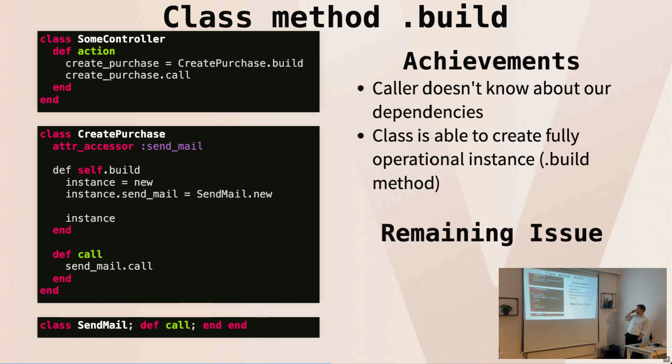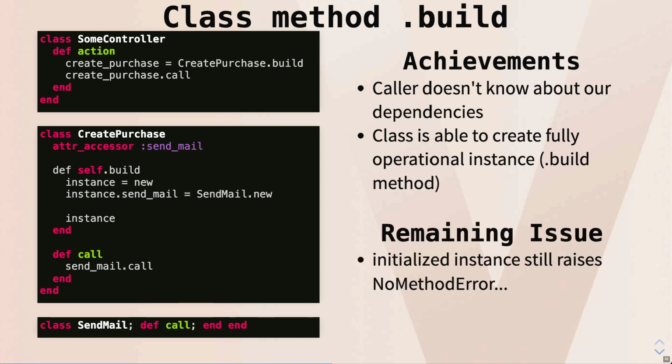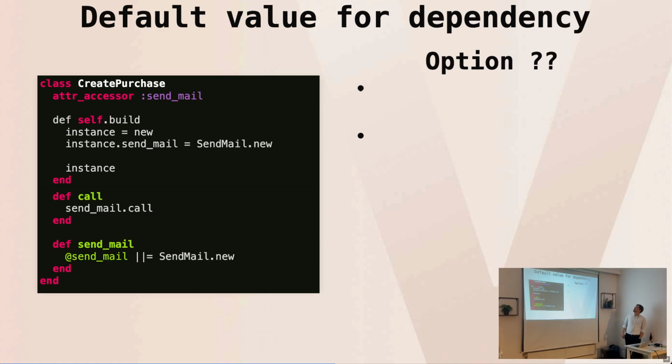Okay, but there's still a remaining issue, and it's exactly point 1 about the no method error. If we just initialize an instance and call it, it will raise a no method error. So how to solve this? It's not compliant with point 1, and we need some default value for our dependency.